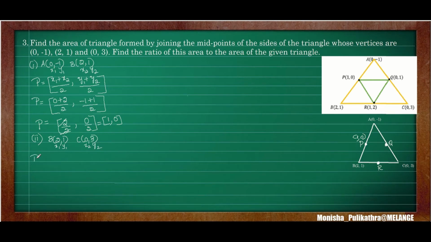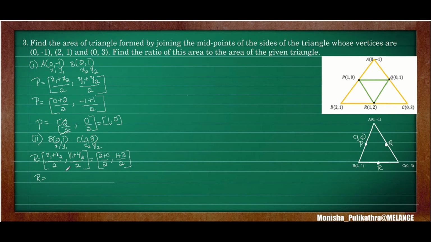So midpoint formula R is equal to x1 plus x2 by 2 and y1 plus y2 divided by 2. x1 is this, x2 is this one: 2 plus 0 divided by 2, comma 1 plus 3 divided by 2.